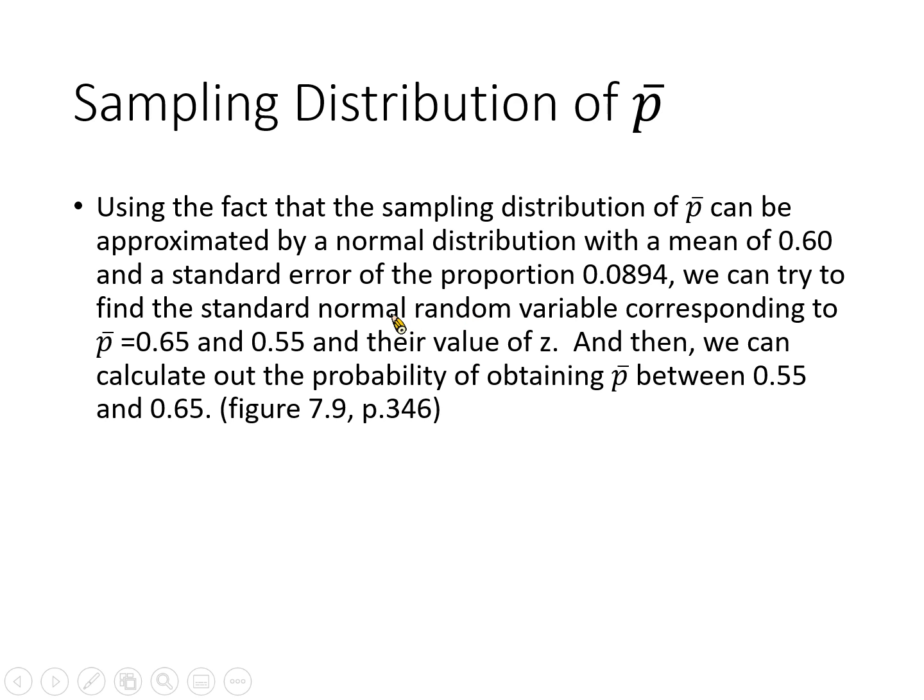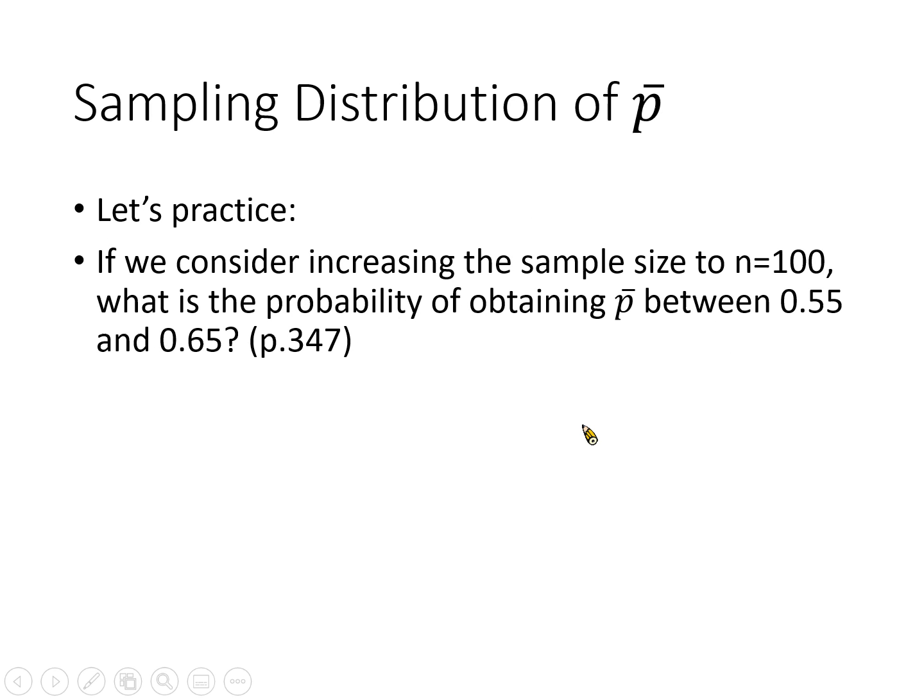Find the standard normal z-values corresponding to p-bar of 0.65 and 0.55, and then calculate the probability of obtaining p-bar between 0.55 and 0.65.